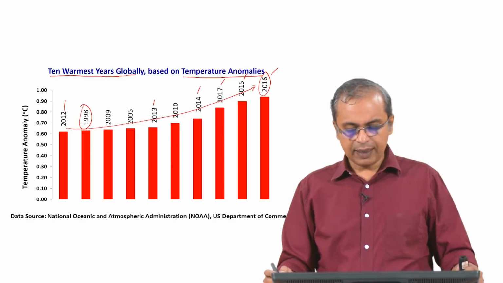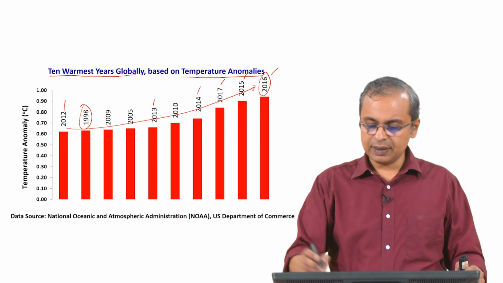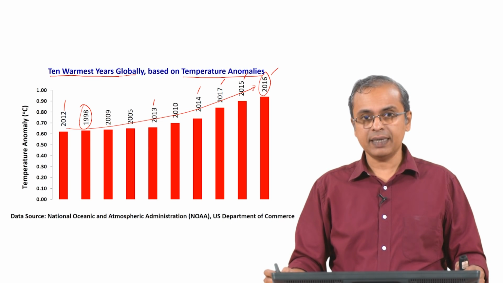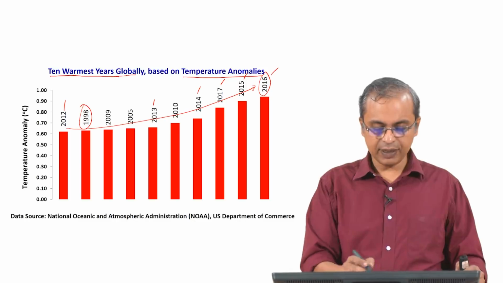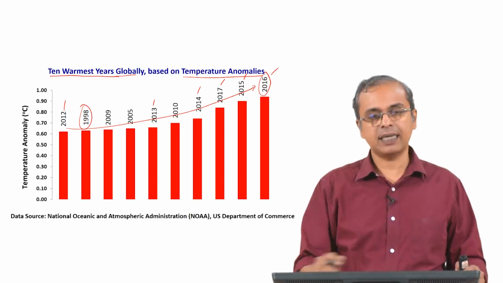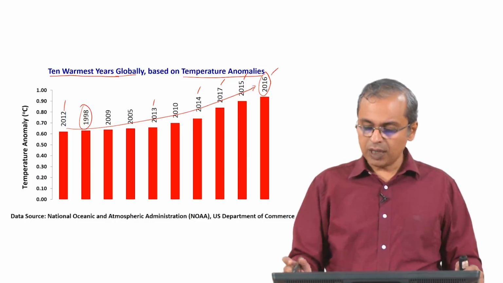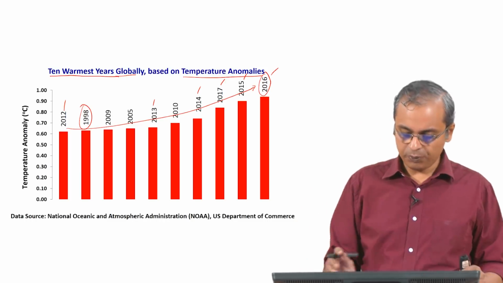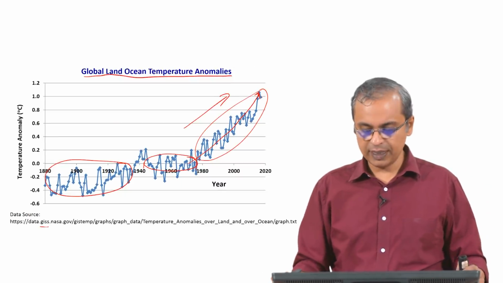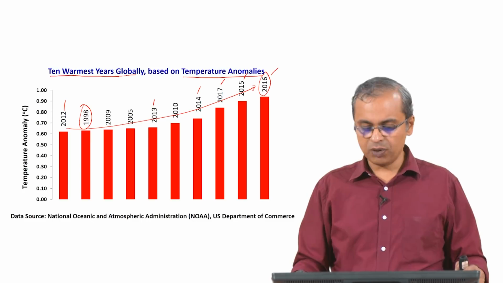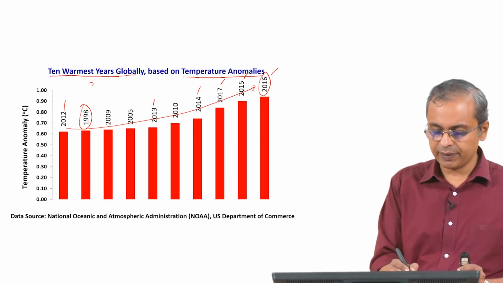So you can see that this increasing temperature is there. Of course, this is across slightly different years, but still the fact is that they are all there in the last 10 years. So now this is what we are referring to, both what you see in this graph and what you see here, these two are what we are basically referring to as global warming.